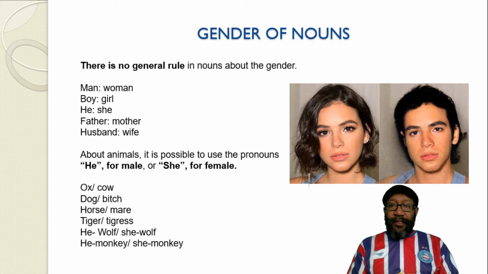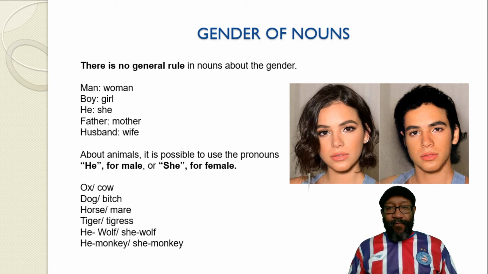Okay, about the gender of nouns, there is no general rule about the gender. So you have man and woman, boy, girl, he, she, father, mother, husband, wife. The best way is to get a list of nouns that you may probably use. But for example, about animals, it's possible to use the pronouns he for male, she for female, right?